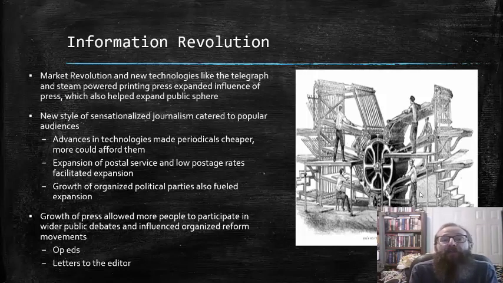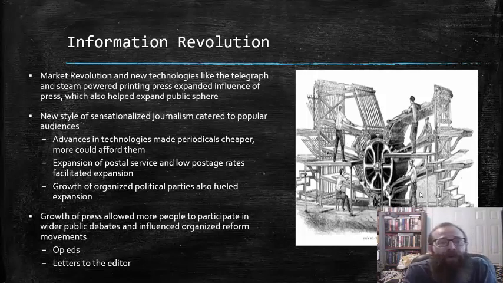Advances in technologies made periodicals like newspapers and magazines much cheaper, and more people could afford them. Also, the expansion of the National Postal Service and low postal rates facilitated this expansion of the press and of journalism. The growth of organized political parties also fueled that expansion.